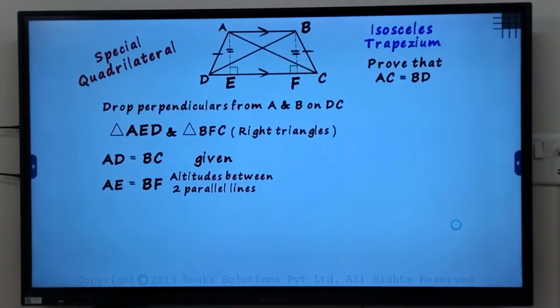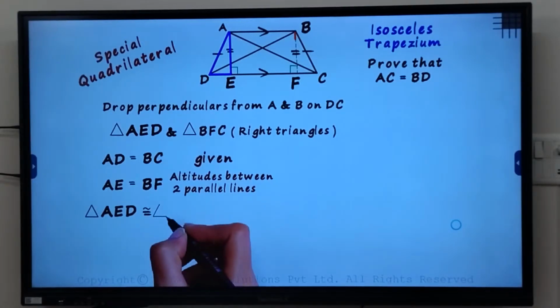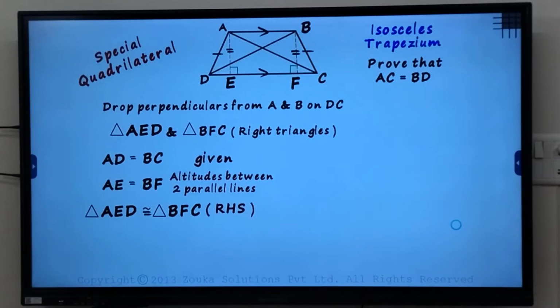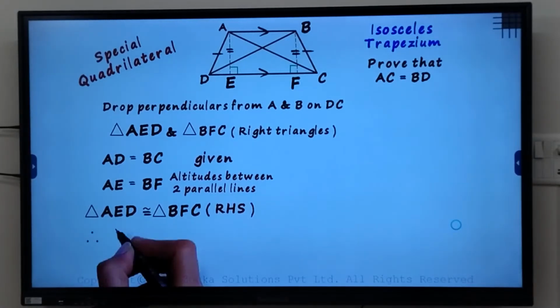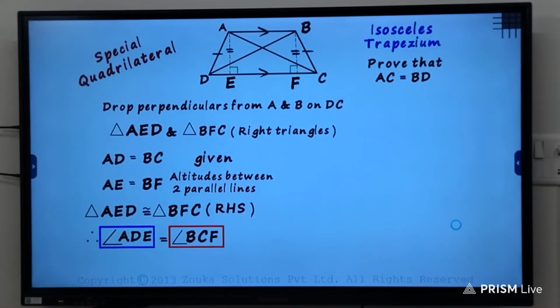So in the two right triangles, the hypotenuse and one of the other sides are equal. So triangle AED is congruent to triangle BFC by the right angle hypotenuse side condition. So we can say that angle ADE is equal to angle BCF. They are corresponding angles of congruent triangles.